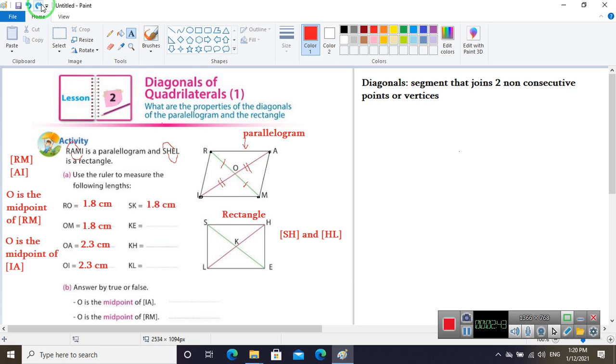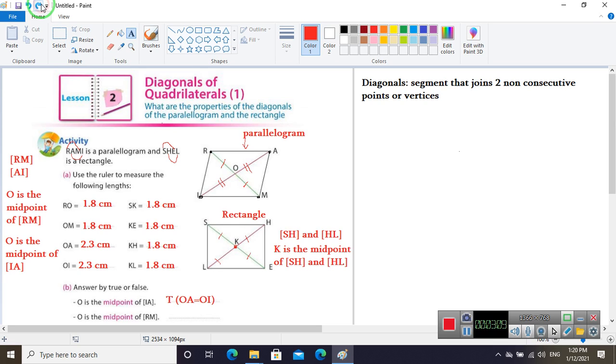It's 1.8. KE, 1.8. KH, 1.8. KL, also 1.8. They are all equal. That means K is the midpoint of SE and K is the midpoint of LH. So let's join them. With the coded information, we can say K is the midpoint of SE and HL at the same time.